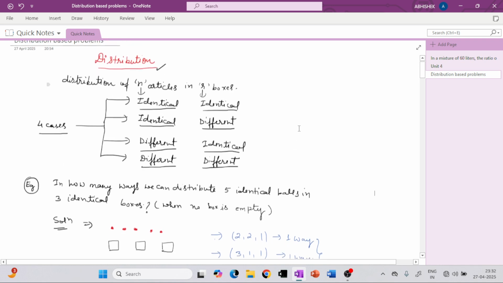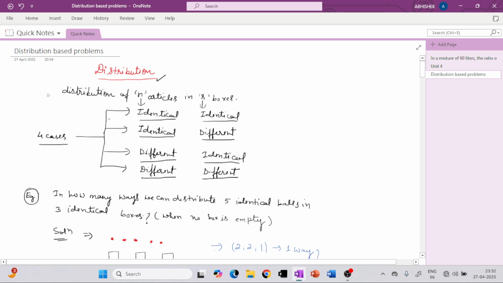So basically in permutation and combination, in distribution based problems, there will be mainly four types of cases: distribution of n articles in r boxes, or distribution of n articles among r persons.